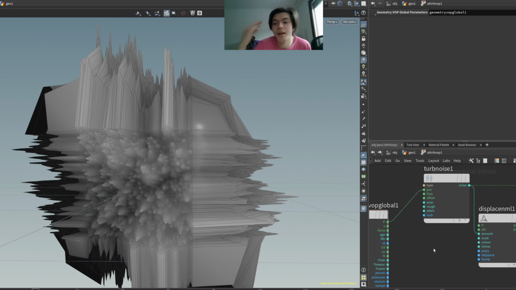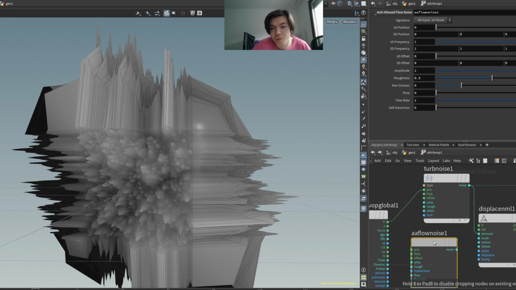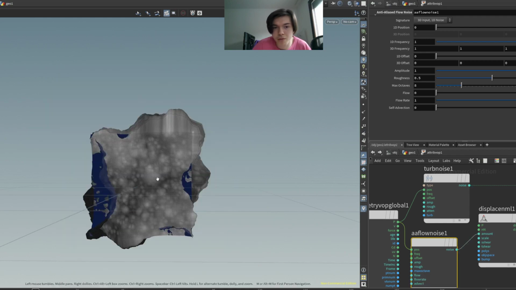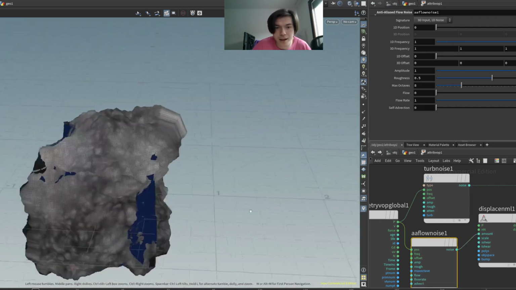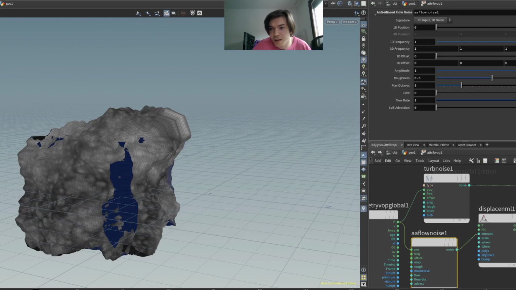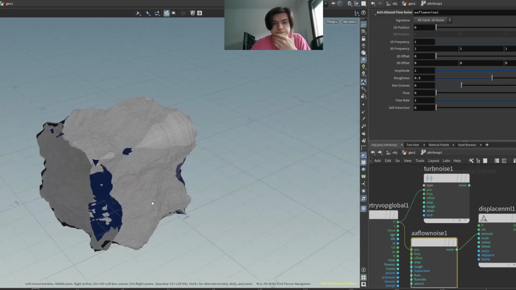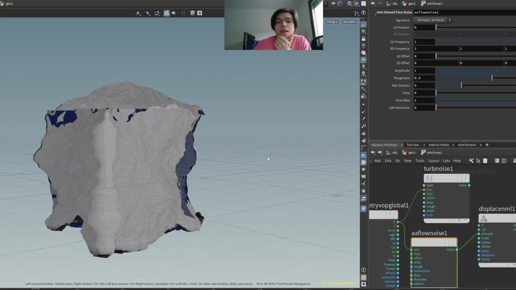So we're having that. I would like to have another noise. I don't know, but I think that the flow noise was actually quite interesting. Unified noise, Voronoi noise, anti-aliased flow noise. I think that I'm willing to have this one. Yeah, right. Position goes into that, noise goes into the amount, and we'll see what is gonna happen. I do not really like this there. I think it is interesting.